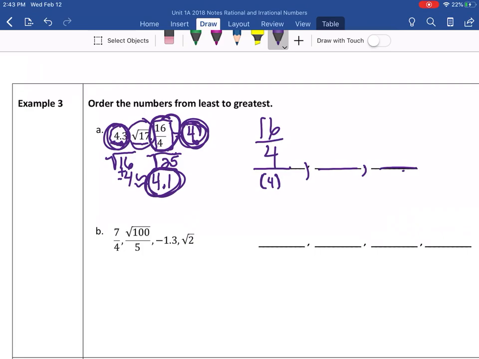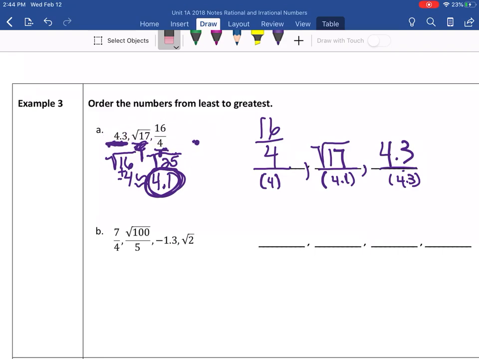The second largest was your 4.1, and that was the work we did for the square root of 17, so you put the square root of 17 on the line. Your largest one, 4.3, was the original, so you just write 4.3 on the line. With the originals on the line, we just ordered those from least to greatest.